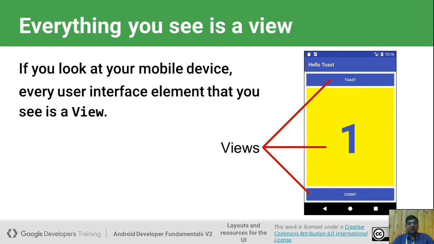Every user interface element that you see is a view. Here a mobile screen shows Hello Toast. Hello Toast is the title, but the main screen has Toast, One, and Count, which are the components of your Android app. The combination of those components is called a view.